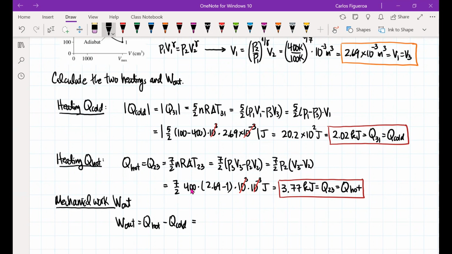So then you could see here that this is going to be what? 3.77 minus 2.02, and of course, kilojoules. And this is then going to give me, remember, kilojoules. And so this will give me 1.75 kilojoules for the output work.